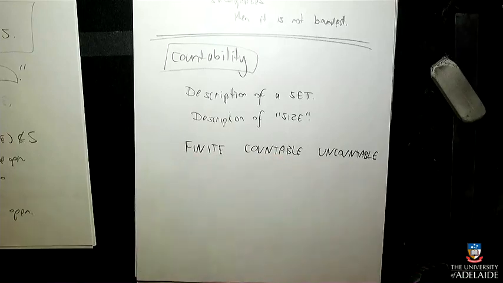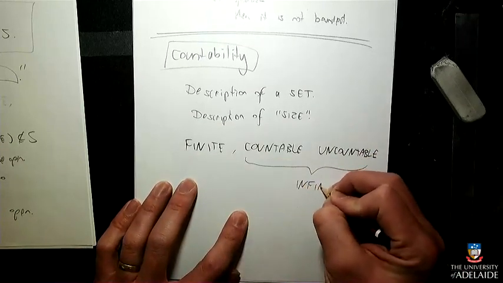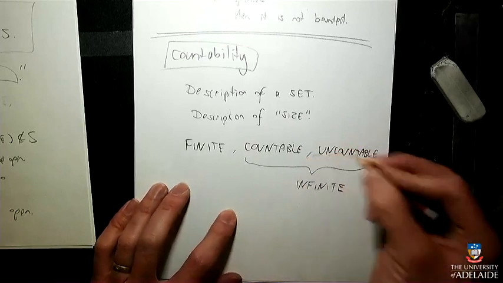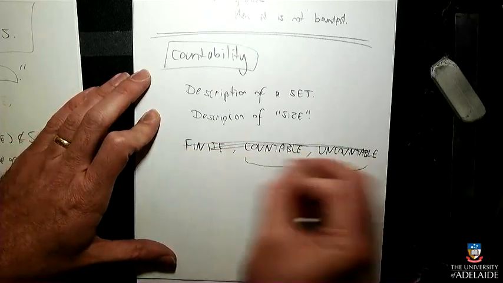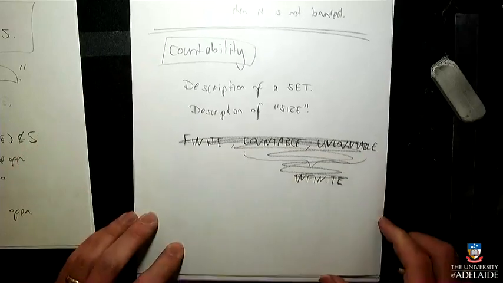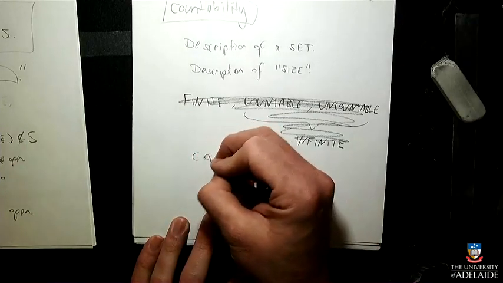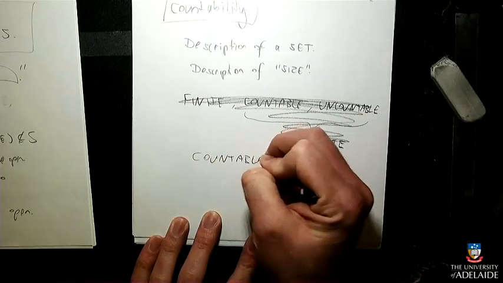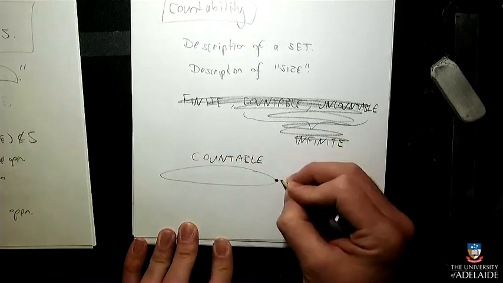So, these are both infinite. Or is countable a kind of finite too? Yeah. Oh, crap. All right, so just a second. There is countable, and there is infinite.